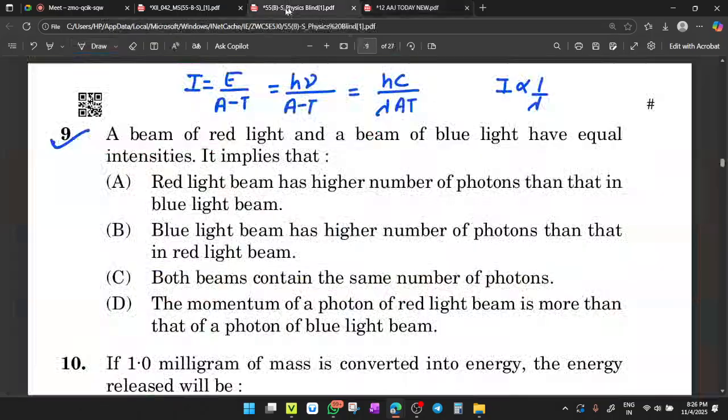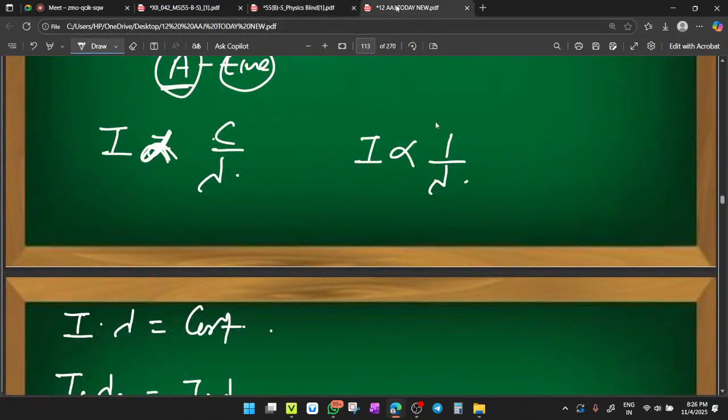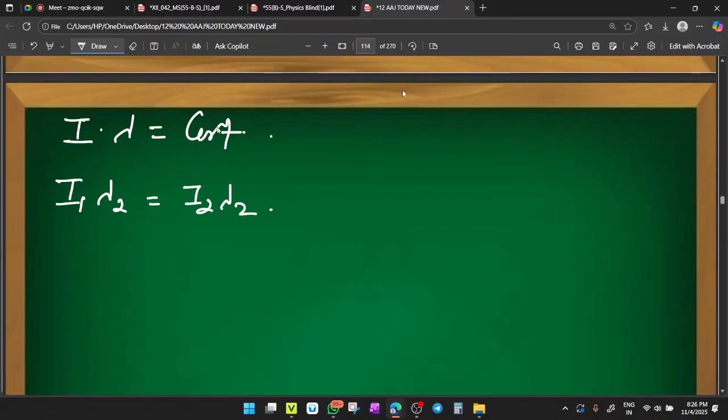Here, red light is there and blue light is there. So we have two things, lambda red and lambda blue. Red color has the highest wavelength and blue color has the lowest wavelength.